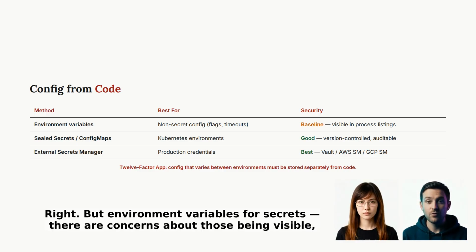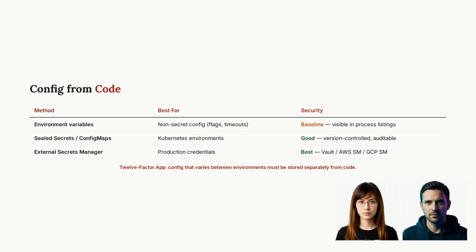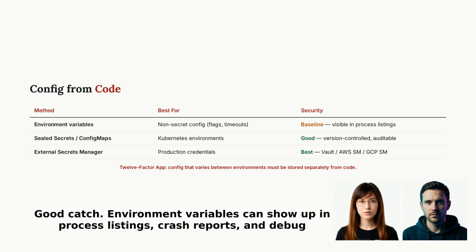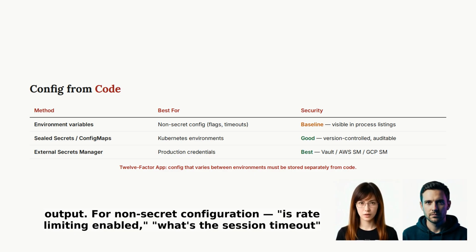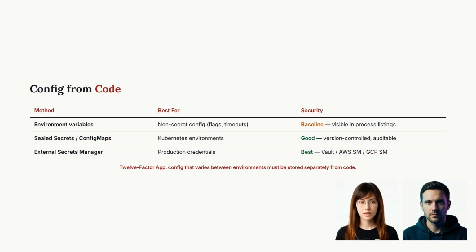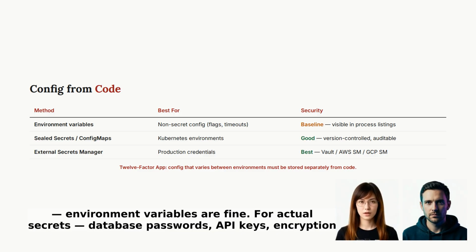Right, but environment variables for secrets. There are concerns about those being visible, aren't there? Good catch. Environment variables can show up in process listings, crash reports, and debug output. For non-secret configuration, is rate limiting enabled? What's the session timeout? Environment variables are fine.